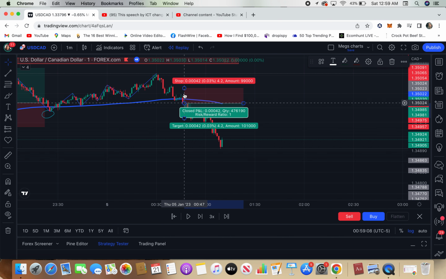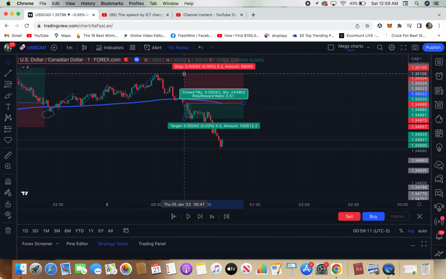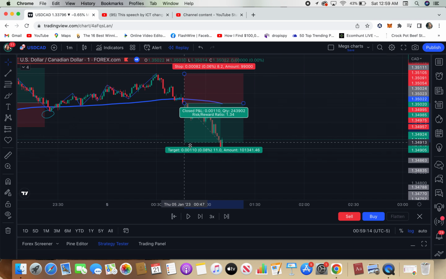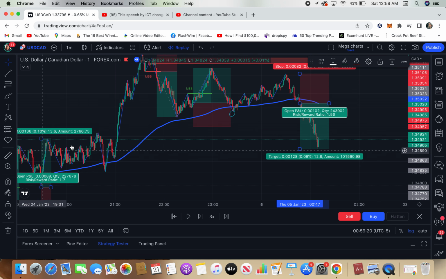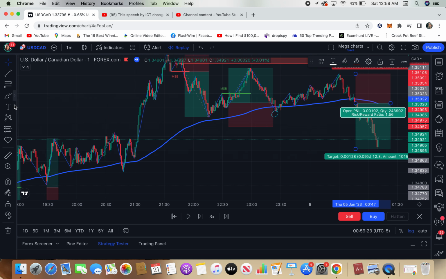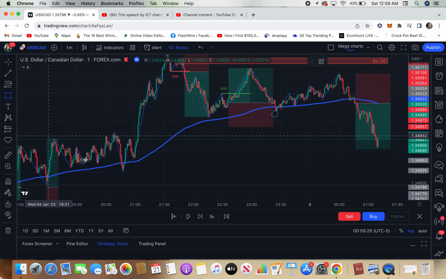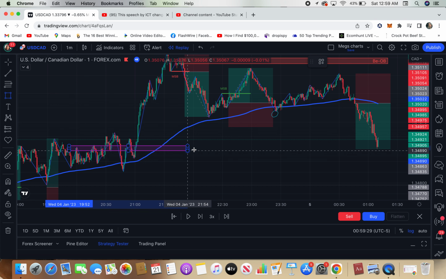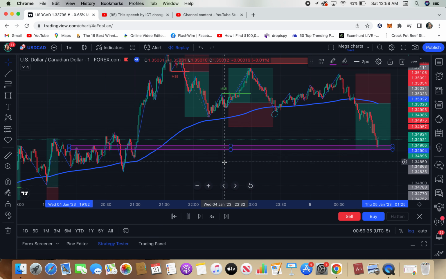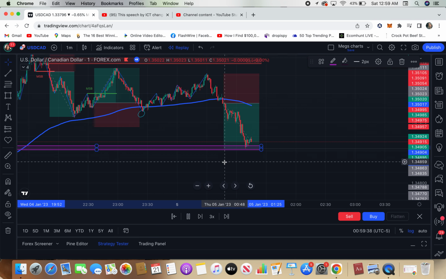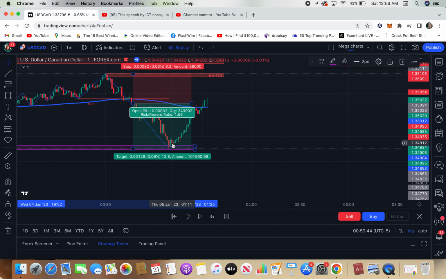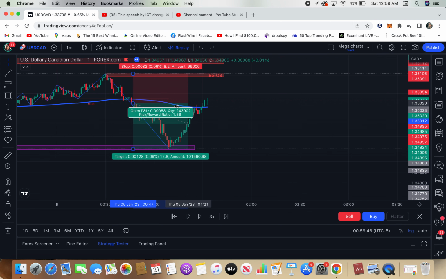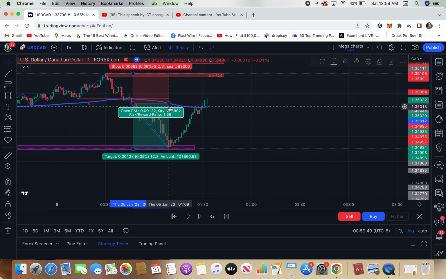So you could have done this as well, targeting the last swing high and then continued on like this. Also you see this lines up with all this congestion over here. It literally bounced off where I would have had an order block. So we'd have been taken out, get a profit right there.